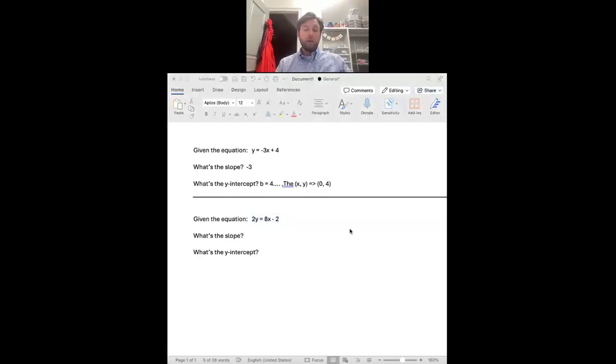So what we're going to do is take the 2y. Oops, hold on. Didn't give myself enough room. Take your equation and you've got to solve for y. How do I solve this for y?